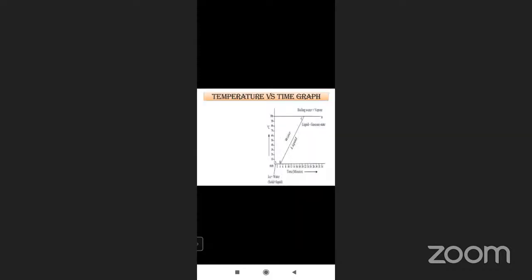It increases up to 100 degrees Celsius. Now see line BC, just look at the graph. The graph is shown. Line BC in the graph represents the rise in temperature of water from 0 degrees Celsius to 100 degrees Celsius.